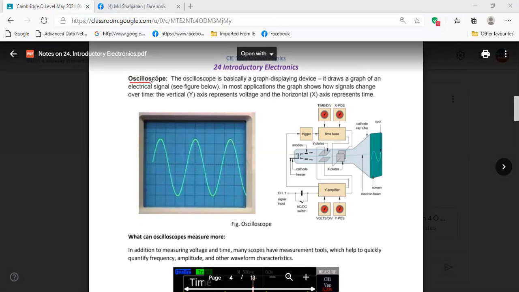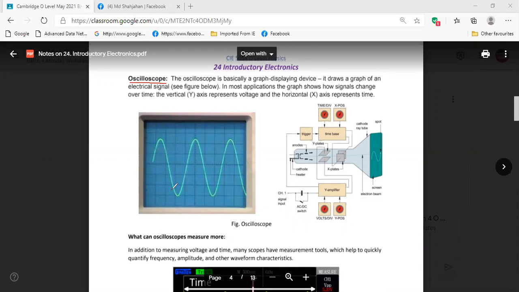You see, if we are giving sound in a microphone, then this sound energy is converted to an electrical signal, right? And that signal we can get from the oscilloscope.